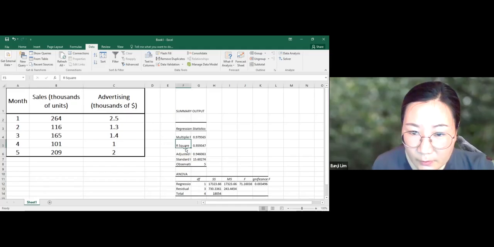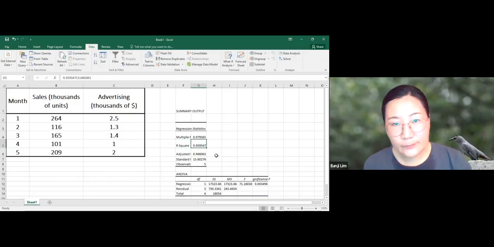In the first table, you'll see something called R squared value, which is 0.9595. So we'll talk about this a little later. So this is how you find A and B using Excel.